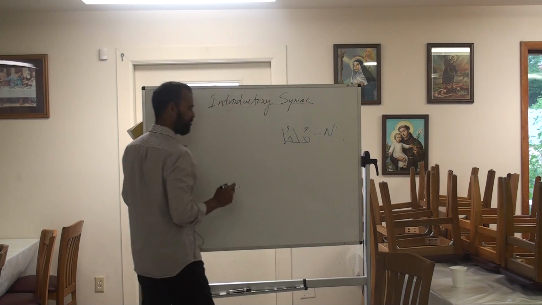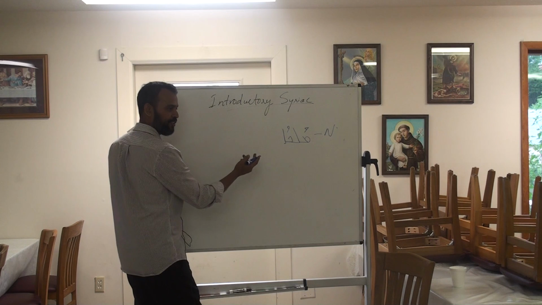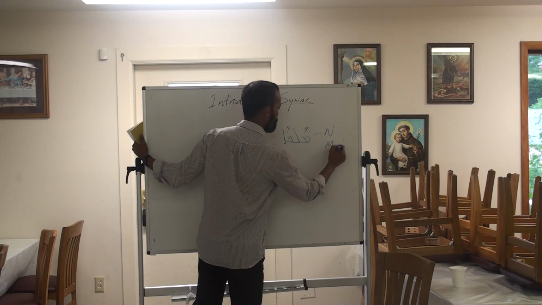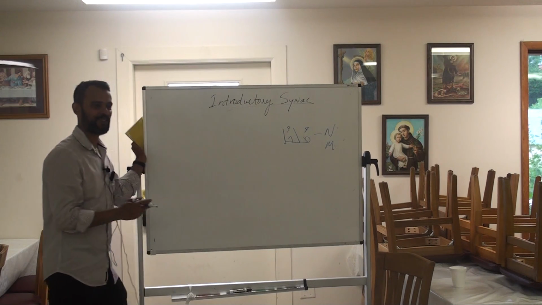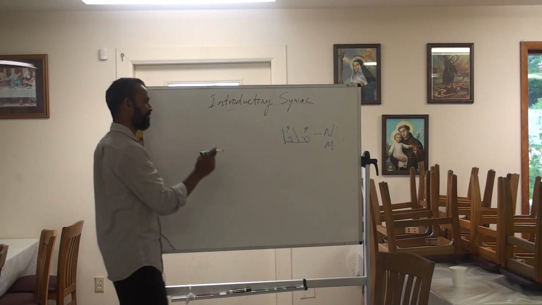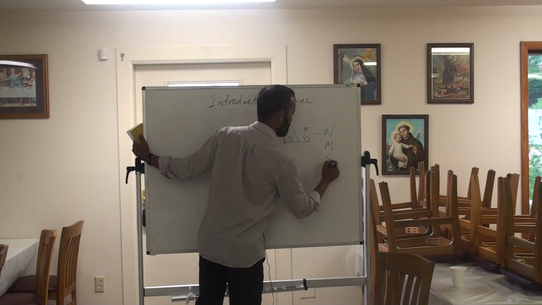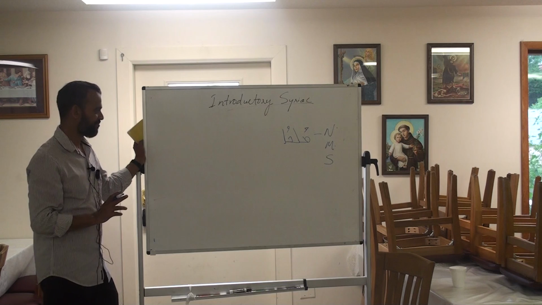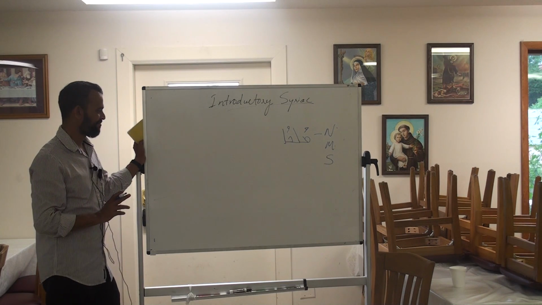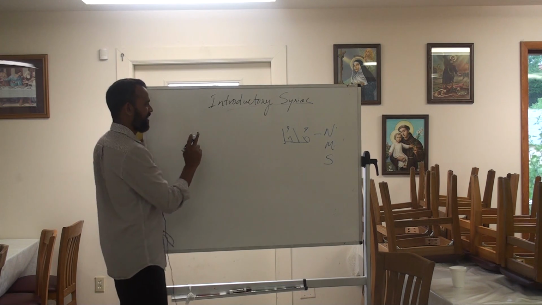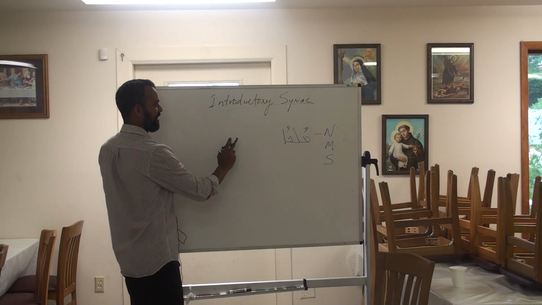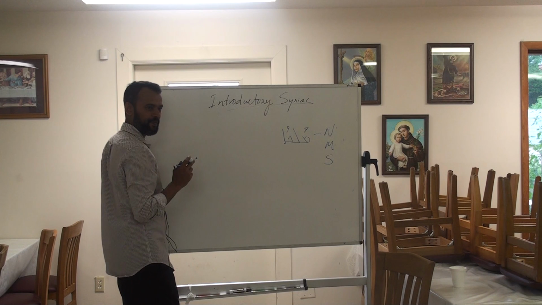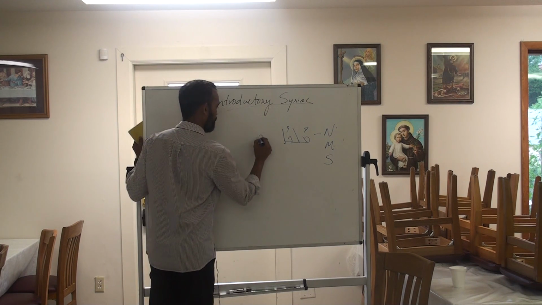Okay, it's a noun. Is it masculine or feminine? Masculine. Singular or, okay, you didn't learn the numbers, so it is singular. Just one king. And how do you make it a feminine? Malkto.